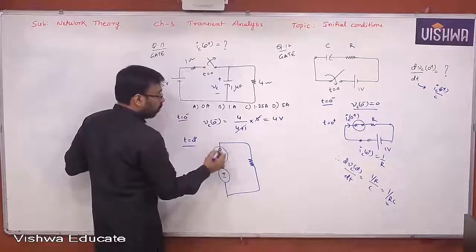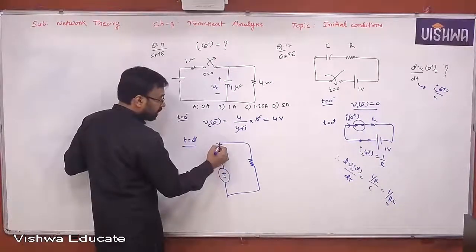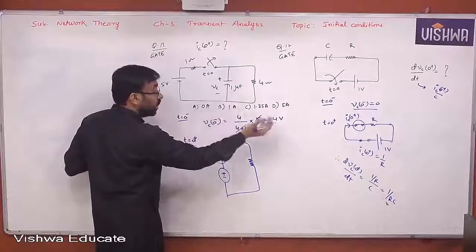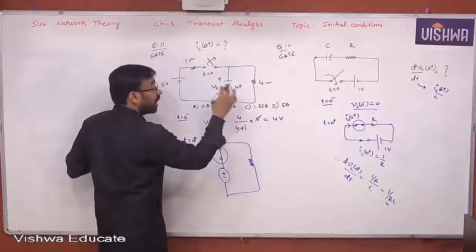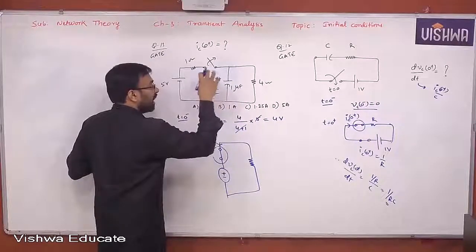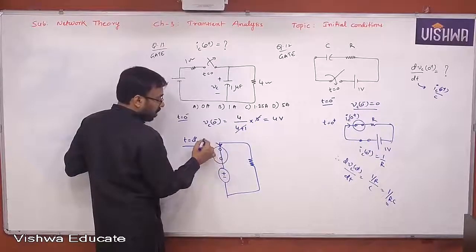And you need to go with the current. Actually here, strictly speaking, the current direction must be like this based on the polarities that you determined. The voltage across the capacitor is how much? 4 volts. Which polarities are you getting? Plus minus. Keeping in mind those polarities, the direction of the current can be taken as IC of 0 plus in the downward direction.